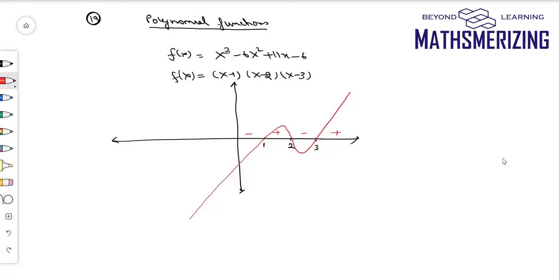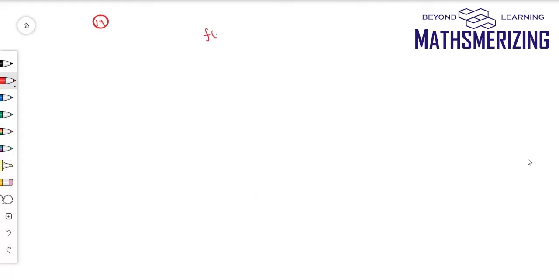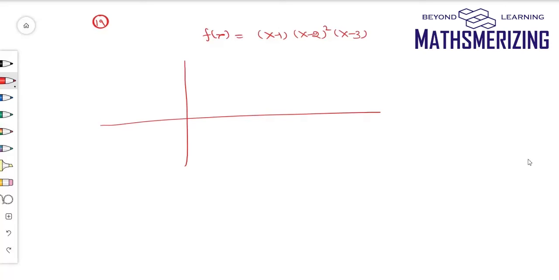I'll take another example. Suppose I have to draw the graph of f(x) equals (x minus 1)(x minus 2) square (x minus 3). So again, I'll mark these points. So this is 1, this is 2 and this is 3. The sign of the rightmost is plus and then it'll be minus.